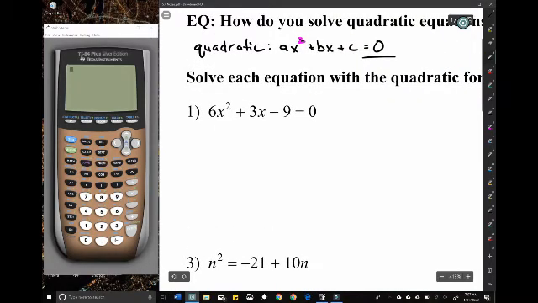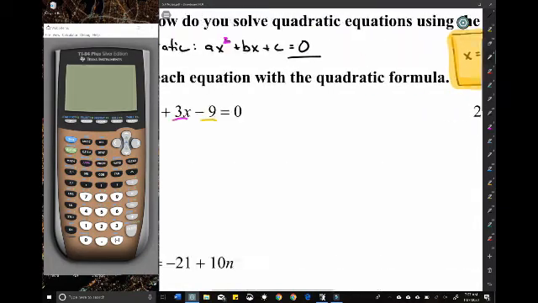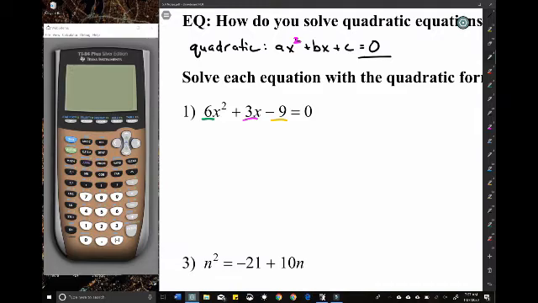Just remember, a, b, c are the a's, b's, and c's. A is the number in front of x squared, so it's 6. B is the number in front of x, and c is the number all by itself. And really, we're just going to substitute everything into the good old formula. Okay, so negative b is negative 3.